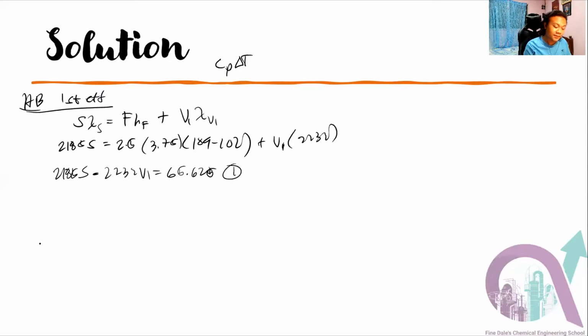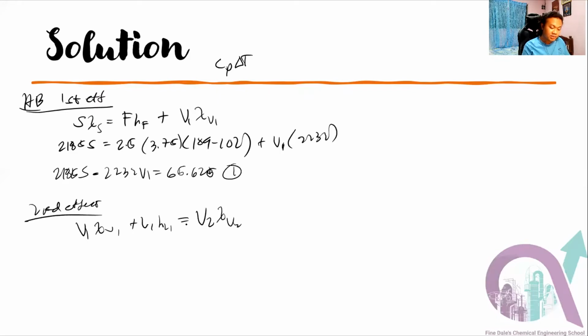Take note of that. So at second effect, you have V1 LV1 plus L1 HL1 minus V2 LV2.